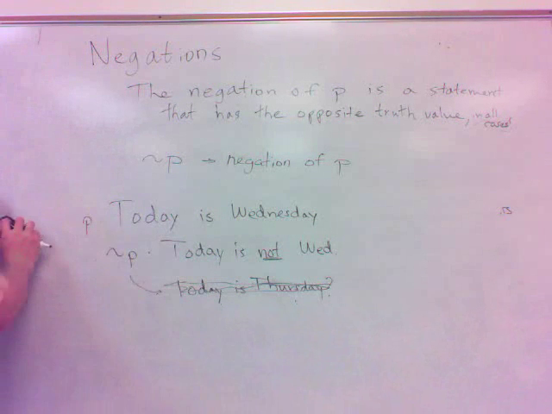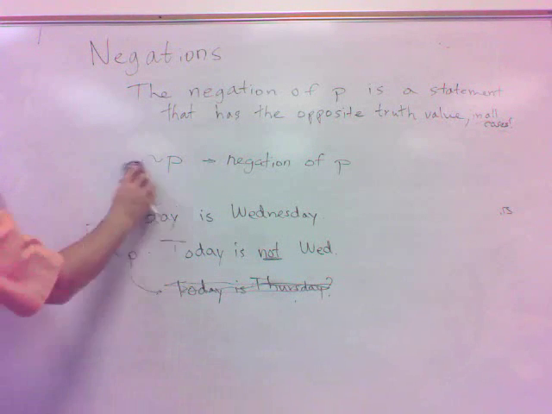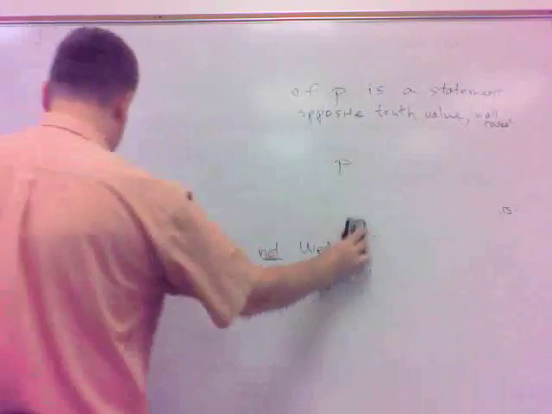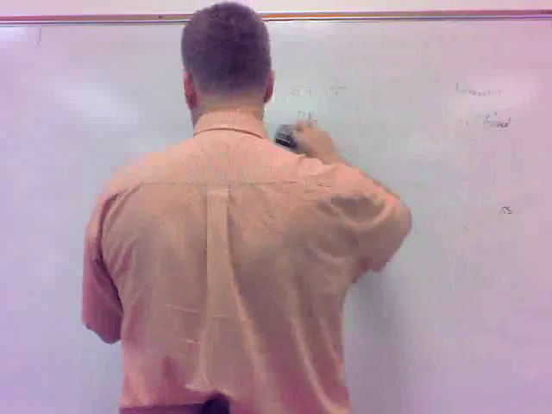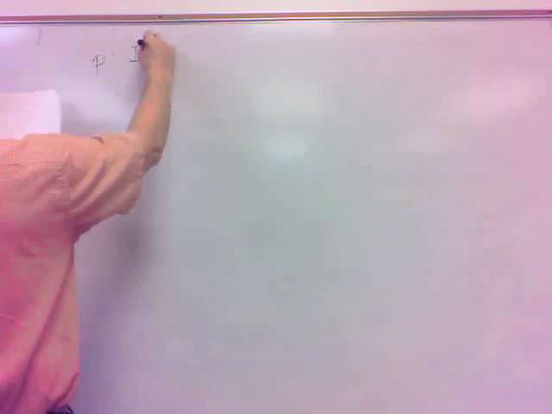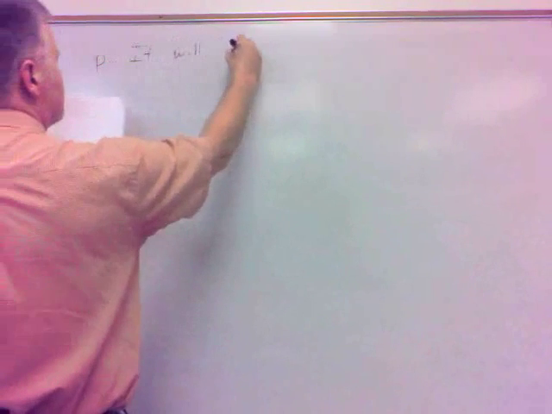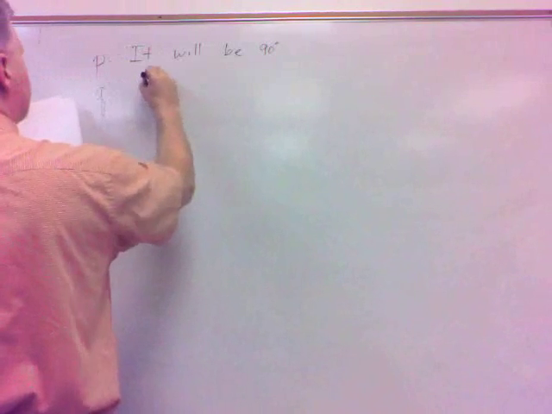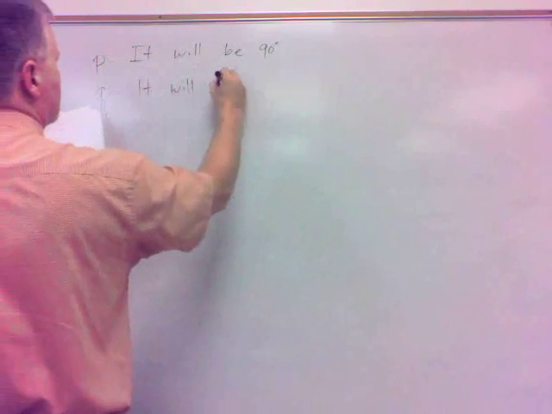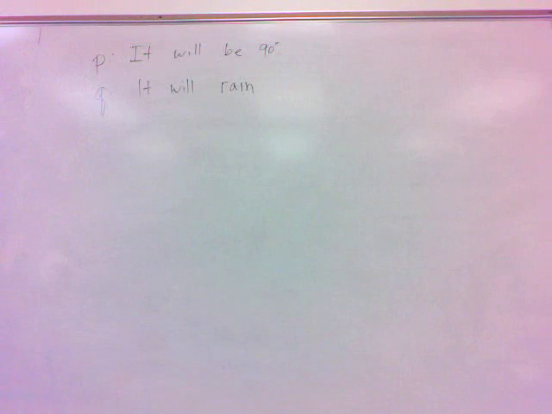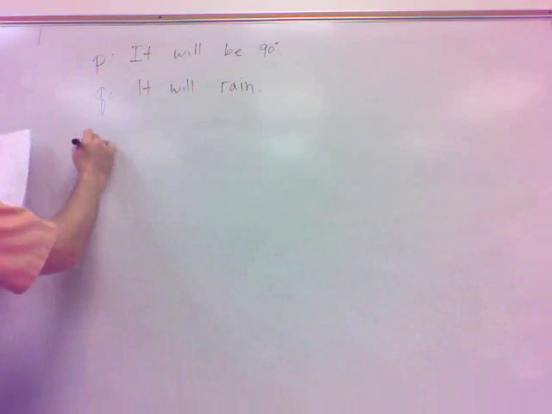All right, so let's change it up. Let's say P is it will be 90 degrees. Q is it will rain. Those are our two statements. All right. What's this then in symbols?